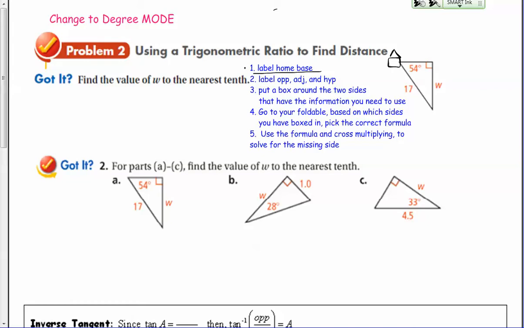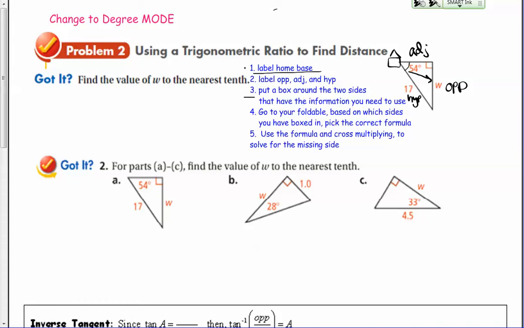Step number 2, and we're going to do this every single time. Never skip these steps. Always do this. We're going to label opposite, adjacent, and hypotenuse. So this across the street means opposite. Hypotenuse is the longest side, and then adjacent is the kind of over.